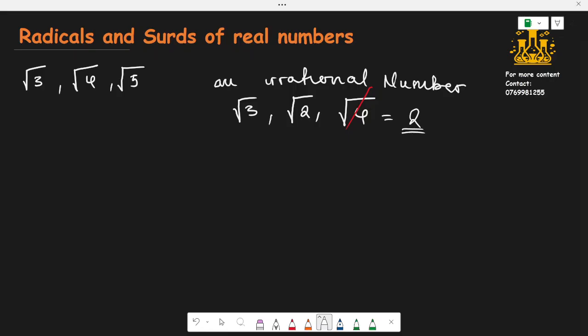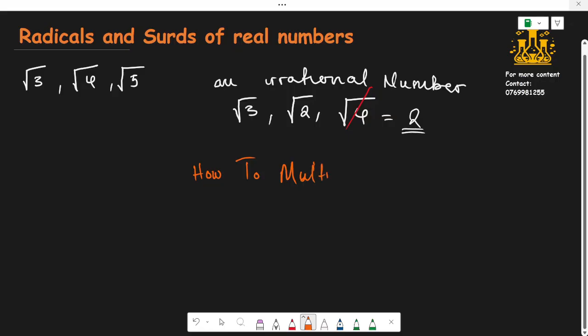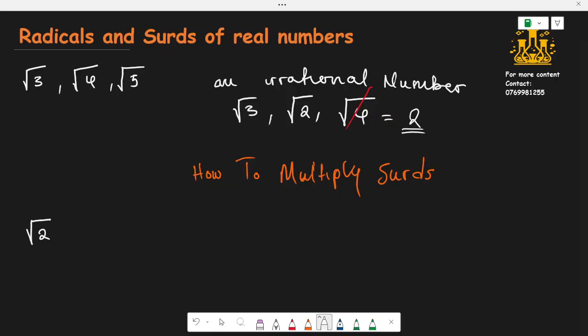So the next thing that you want to know is how to multiply surds. Let's say you have root 2 times root 3.